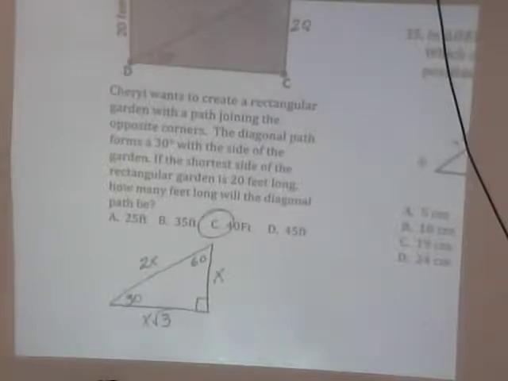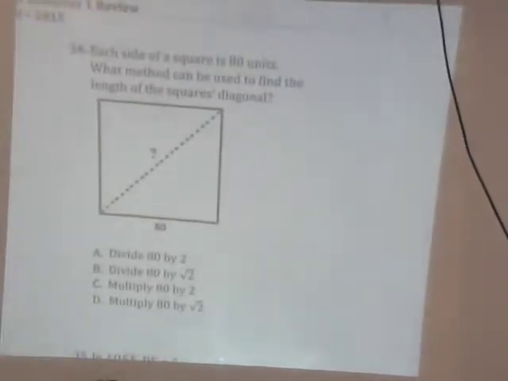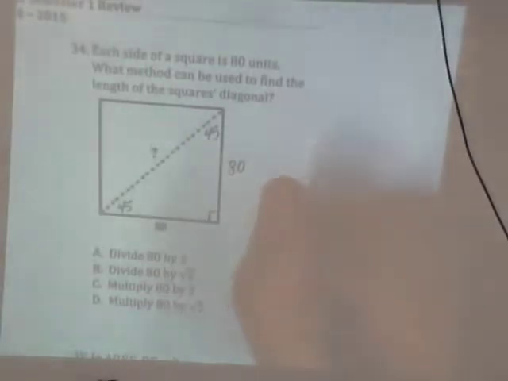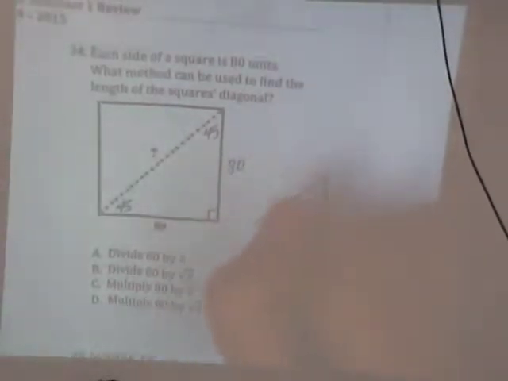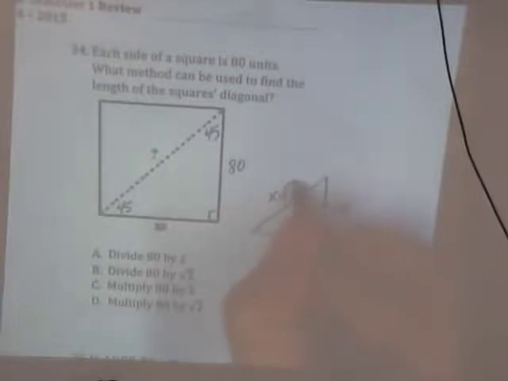All right, 34? Each side of the square is 80 units. So 80, 80. So that would make this a 45, 45, 90 triangle. On a 45, 45, 90 triangle, if the legs are x, then the hypotenuse would be x radical 2.